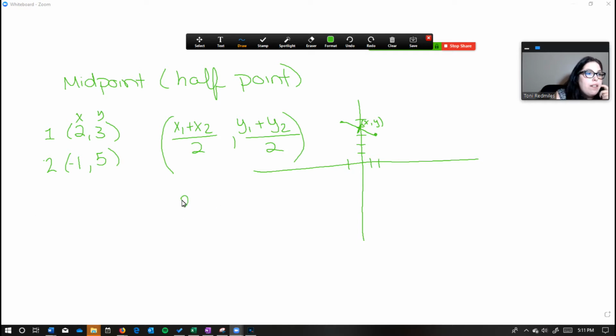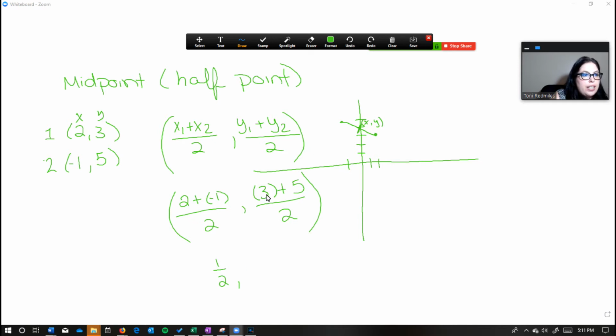So I'm going to go ahead and fill in my x values and my y values. Don't know why I put parentheses around that, but it's not necessarily wrong, so I'm going to go with it. All right, 2 plus -1 is 1.